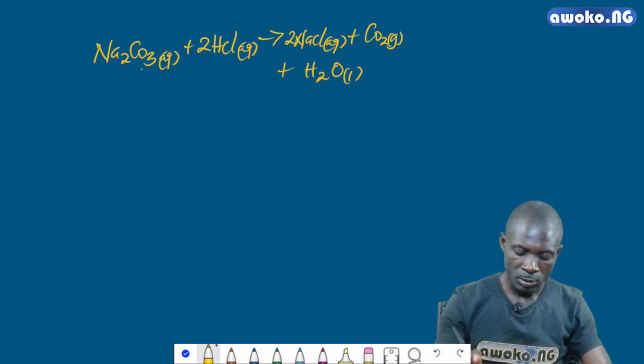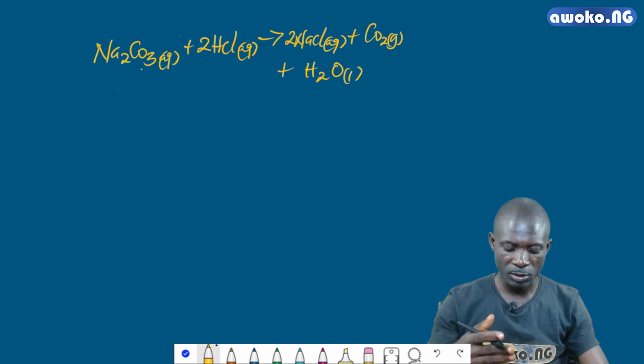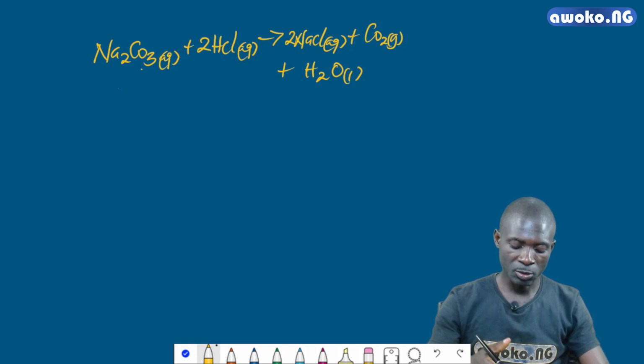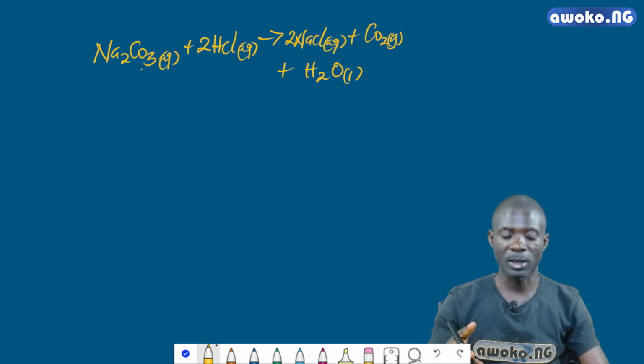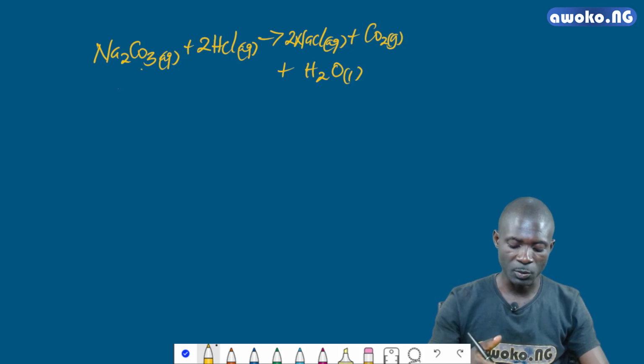Taking a look at this equation, I have 2 atoms of chlorine at my left hand side, 2 atoms of chlorine at my right hand side, 2 atoms of hydrogen at my left hand side, 2 atoms of hydrogen at my right hand side, while my carbon is 1 at my left hand side, carbon is 1 also at the right hand side.